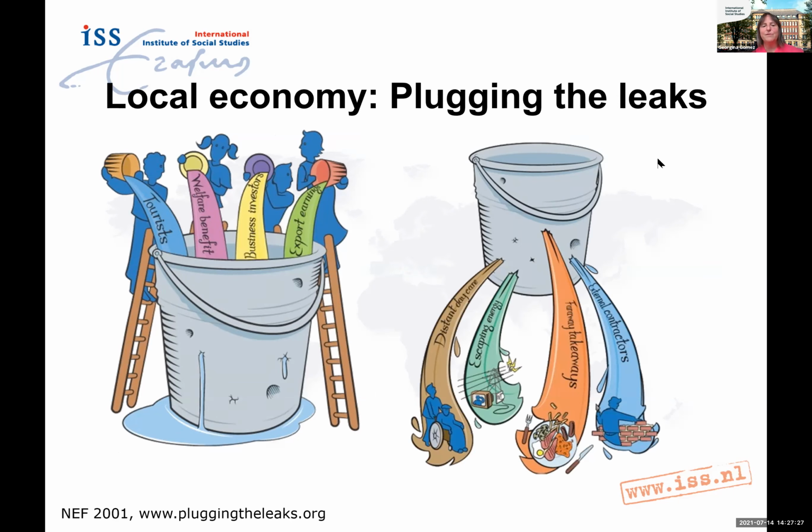So the New Economics Foundation has this idea of plugging the leaks. And how do you do that? By keeping most of the exchanges, most expenses done by the households that live in a certain area within the area. So instead of buying things from Coca-Cola, a big transnational, you would only buy products that have been made in the locality or in local stores and so on.